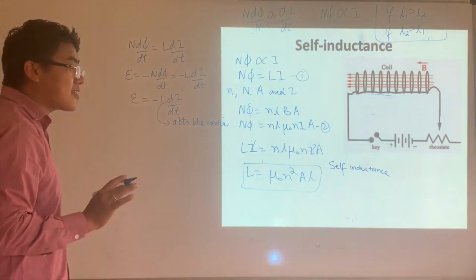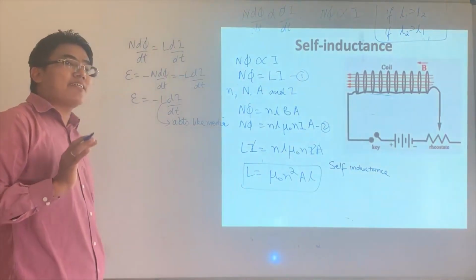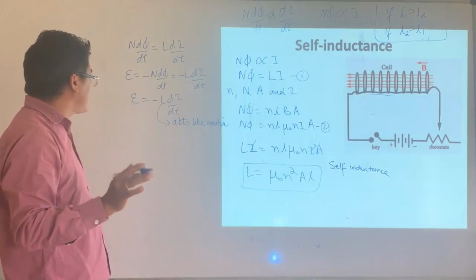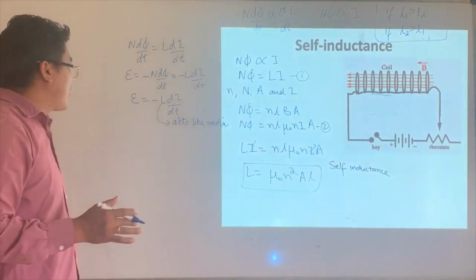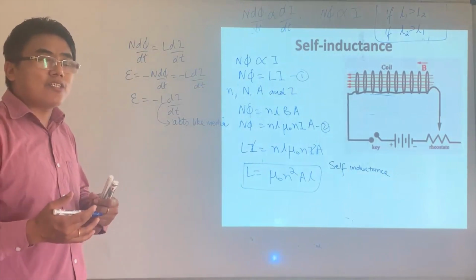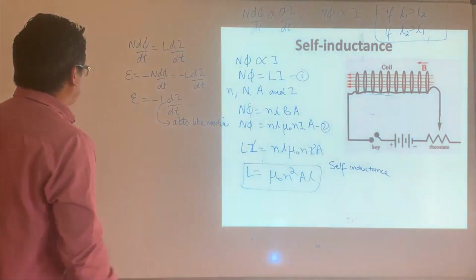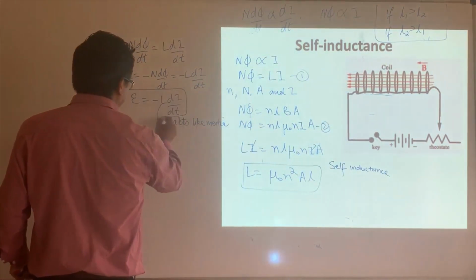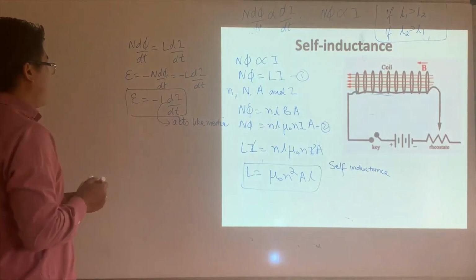This is what we call inductance. Inductance is the one that resists the change, like inertia. Inertia is the one that resists the change of state of motion, right? So this is what we have.